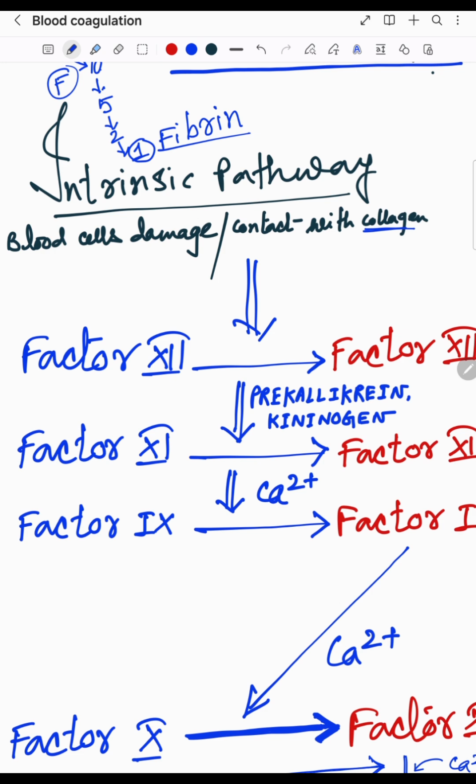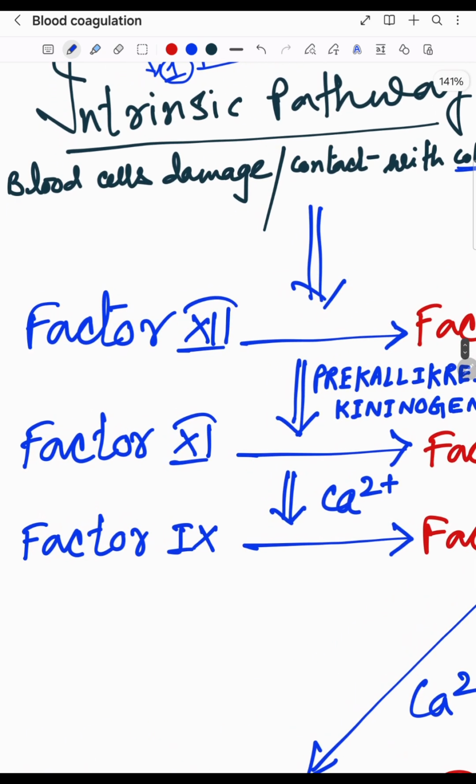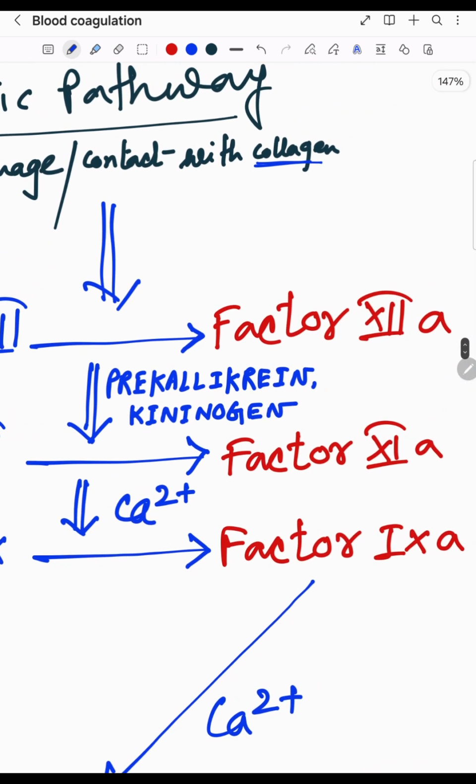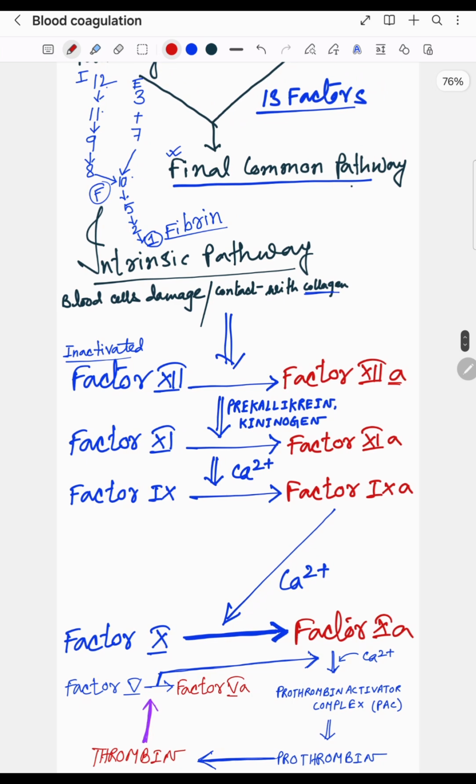So factor 12, which is in inactivated state, will become activated. Factor 12A, A means activation. Inactivated factor 12 gets converted to activated factor 12A when it gets contact with collagen.